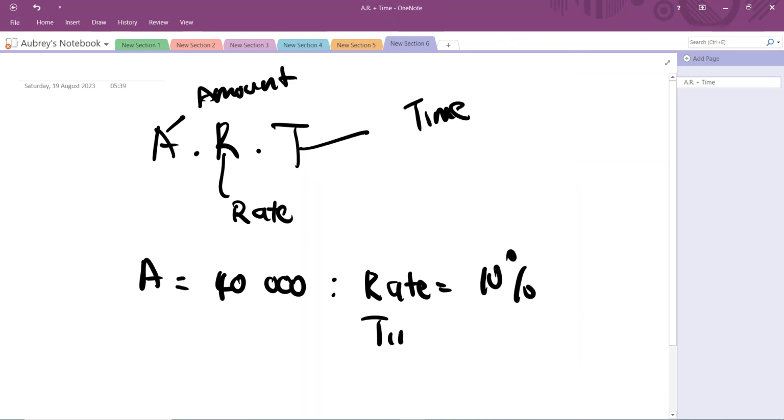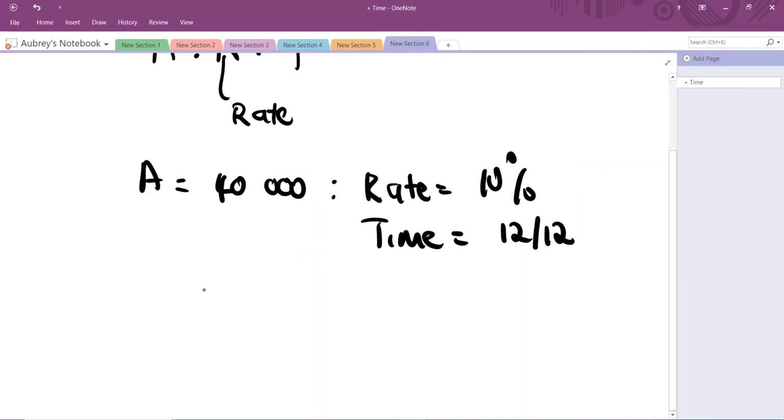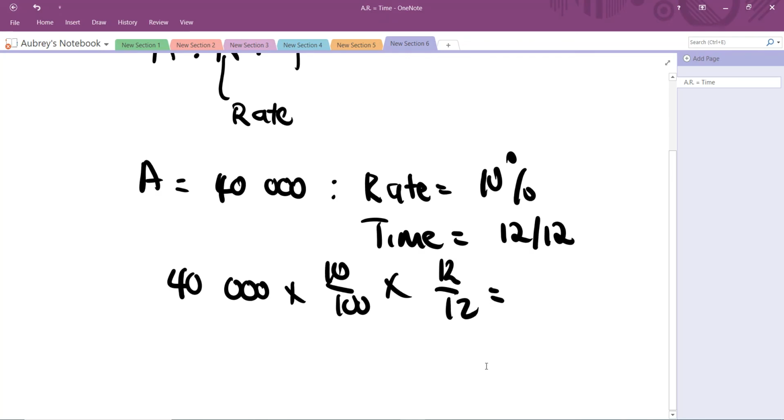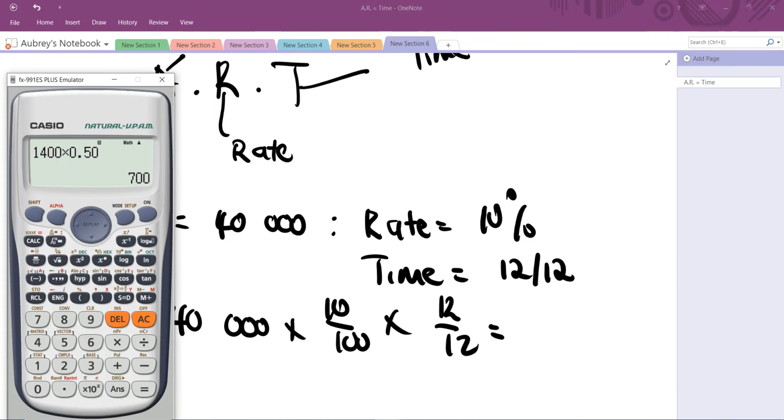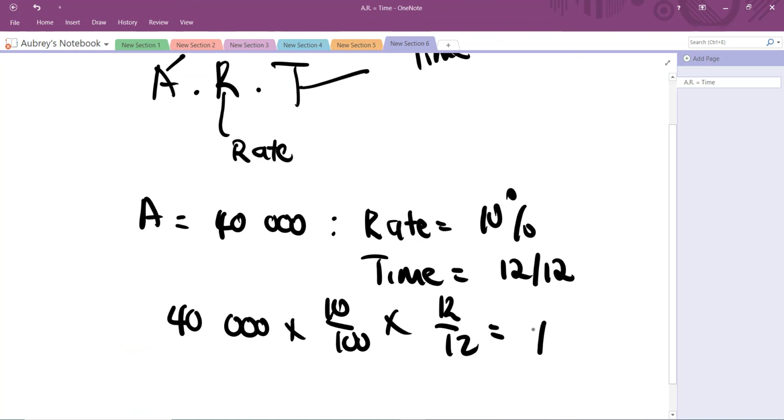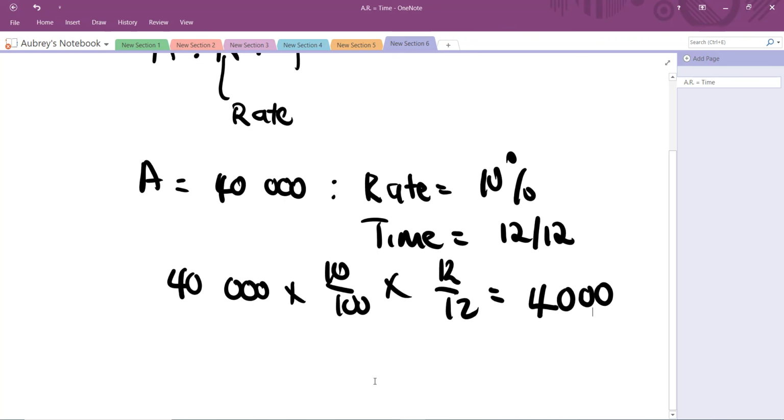And our time, since we are looking for the interest, will be 10 over 100 multiplied by 40,000 multiplied by 6 divided by 12. It says we were supposed to get an interest of 4,000. So meaning that our interest income was supposed to be 4,000.